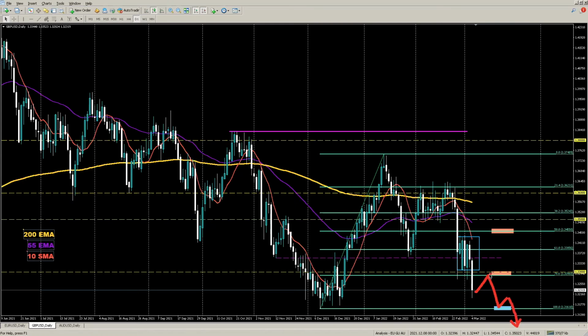If it's trying to recover, it needs to break up higher back to the 62 pip, and then back to the 50 pip level. This is likely the trading zone for now.